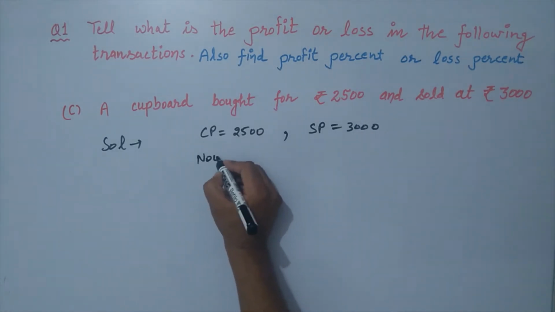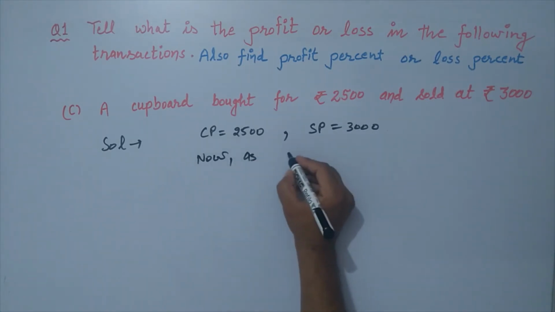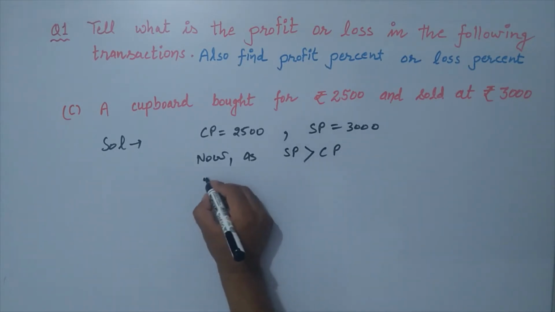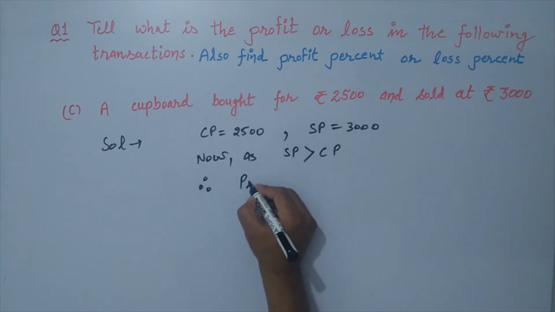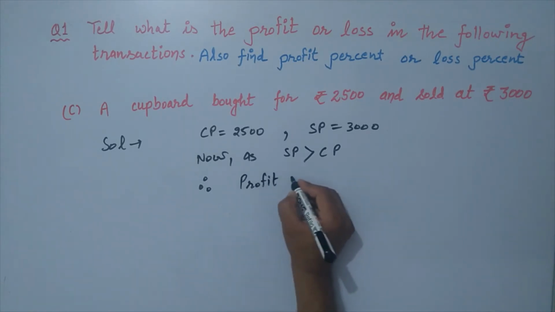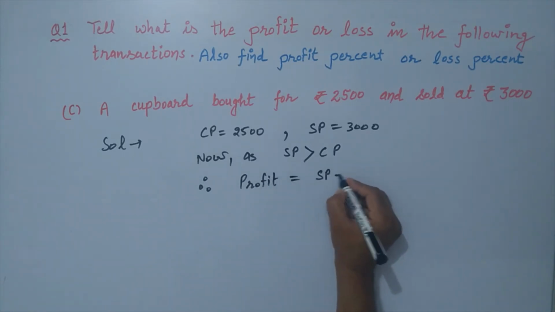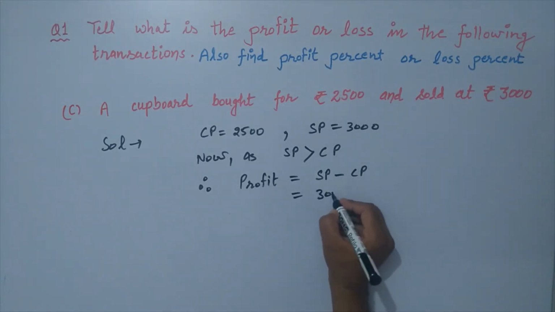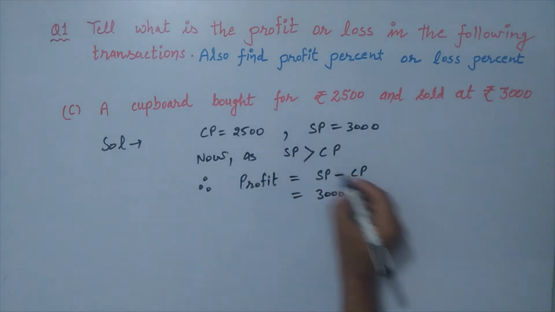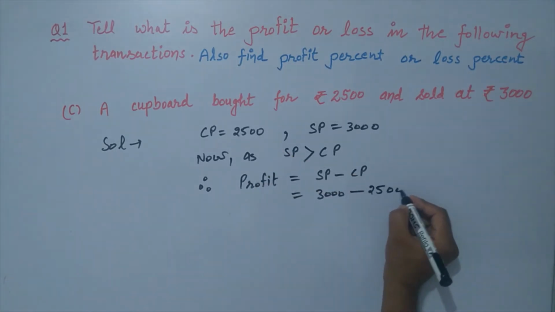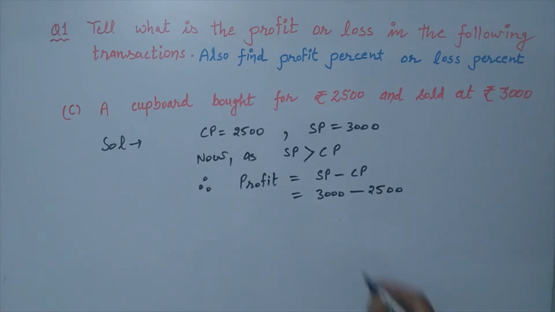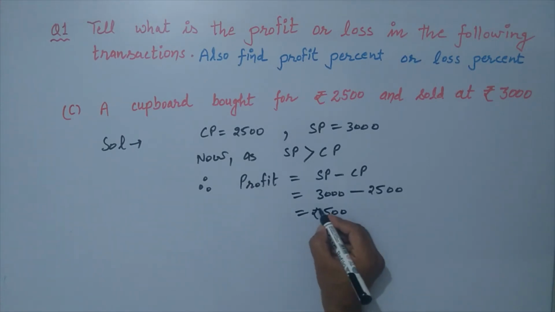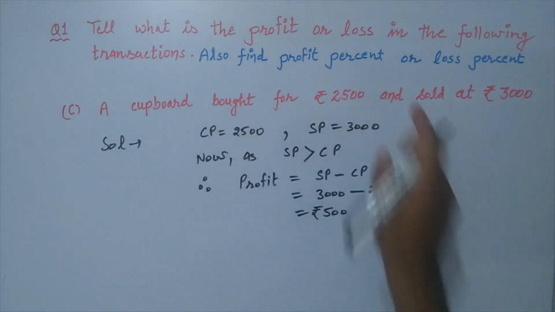Now, as selling price is greater than cost price, therefore we have profit. Profit is equal to selling price minus cost price. This is 3,000 minus 2,500. Now subtracting these two, we have 500. Rupees 500 is the profit, right?